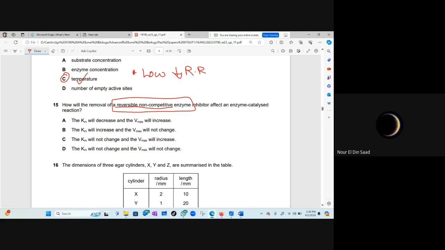It is only the competitive inhibitor. The non-competitive inhibitor does not affect the affinity or the Michaelis constant, because once the non-competitive inhibitor is released from the alternative site, this is the active site, and this is the alternative site, if this inhibitor goes out, the enzyme will immediately go back to its substrate. So the affinity doesn't change. The love of the enzyme for the substrate doesn't change. There are just circumstances, remember?